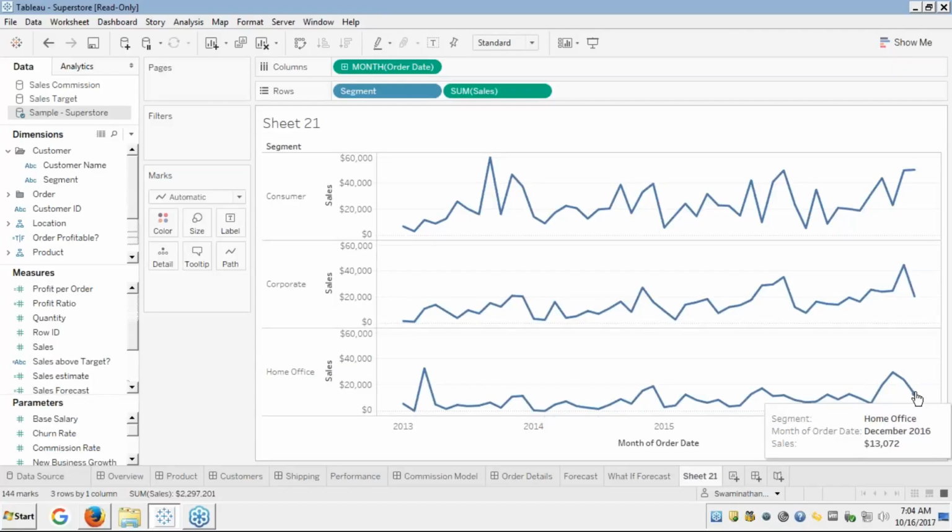Now let me add a forecast to this result. How can I add a forecast, friends? Can anyone tell me how to add a forecast?